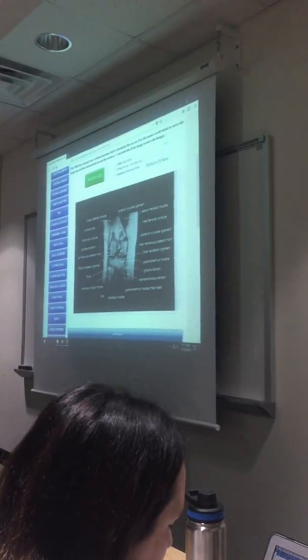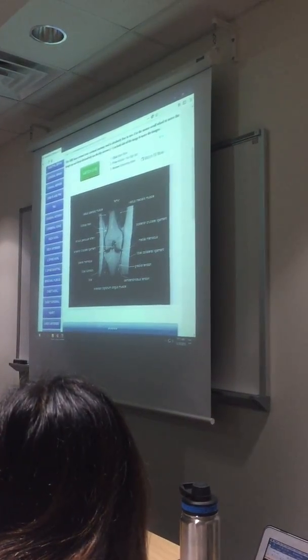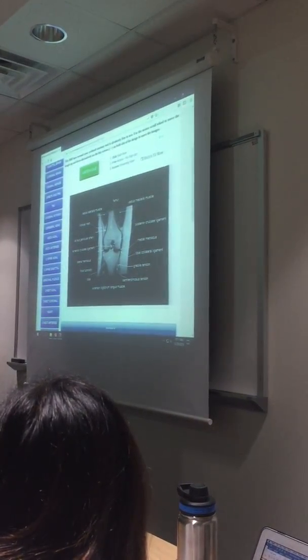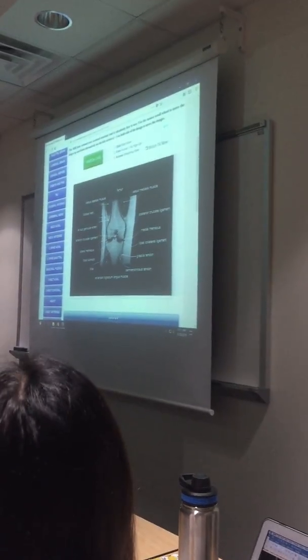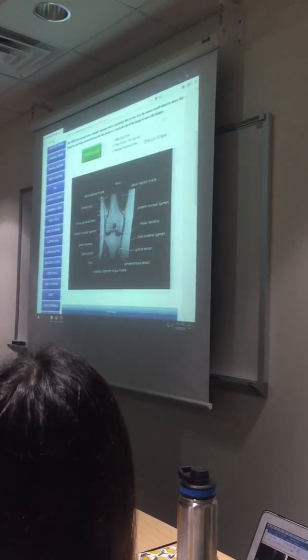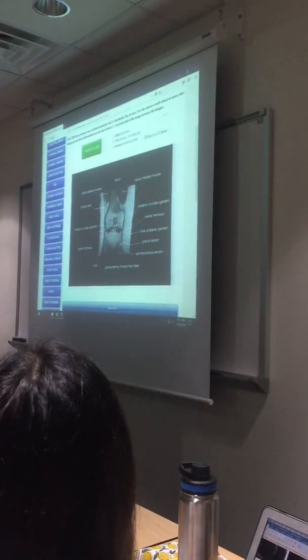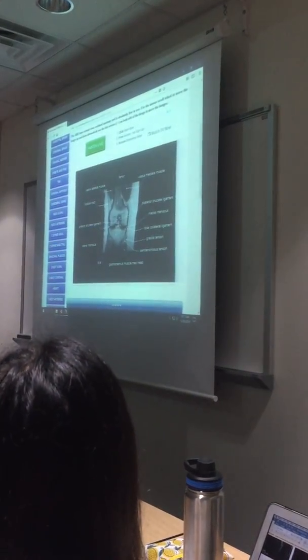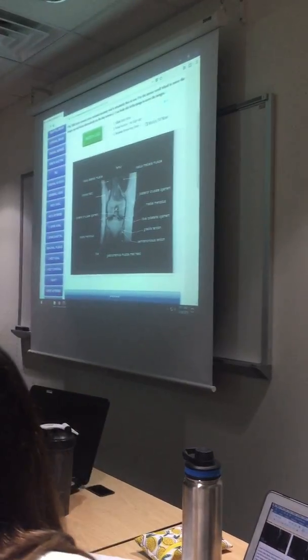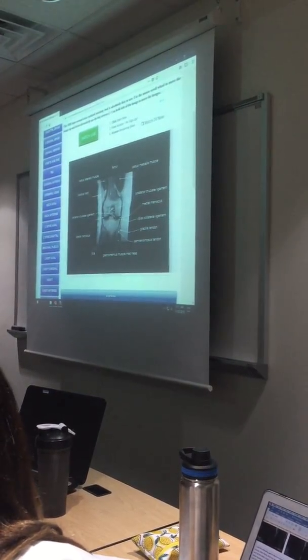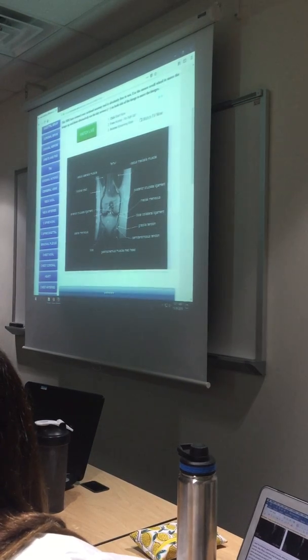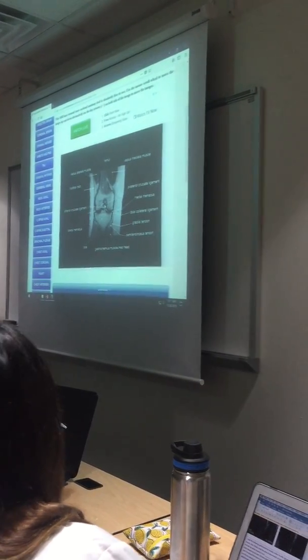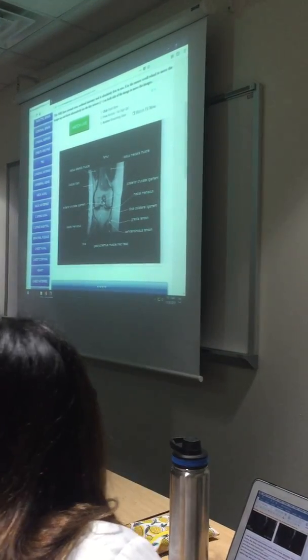Which is ACL and which is PCL? If this is my tunnel, this would be my ACL, this is my PCL. If I go a slice more anterior, again, here's my tunnel. I see a tendon coming straight down, and then I see something almost cutting it off on end.